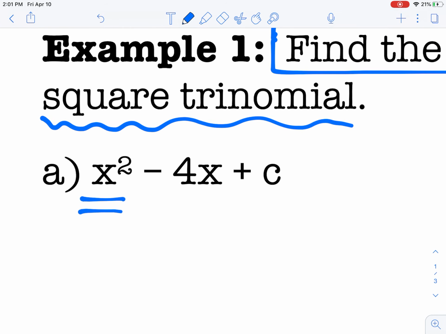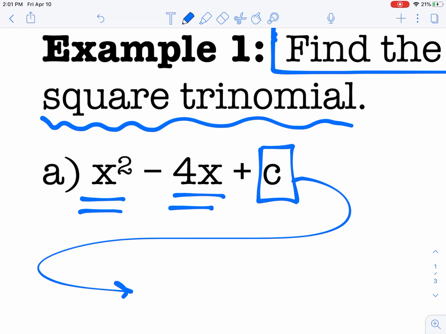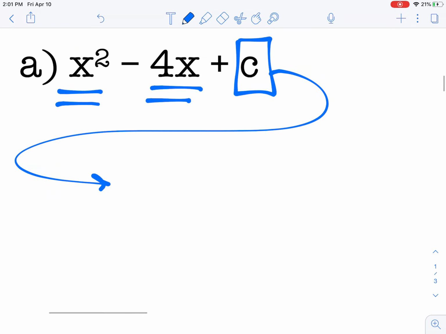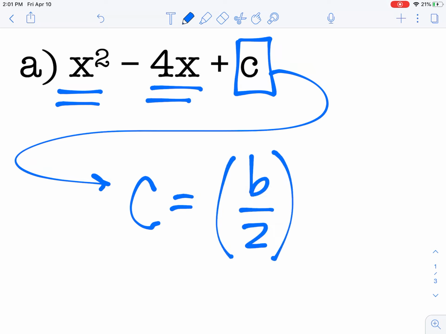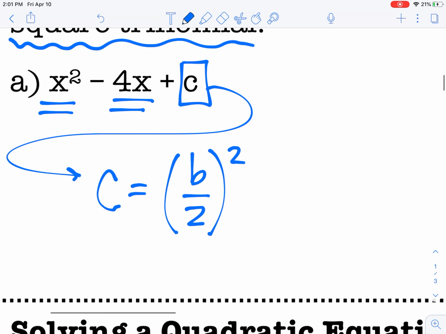So you'll see that we have our first two terms. Our goal is to find c. So yes, another formula. C is found by taking the b term divided by 2 and squaring it.